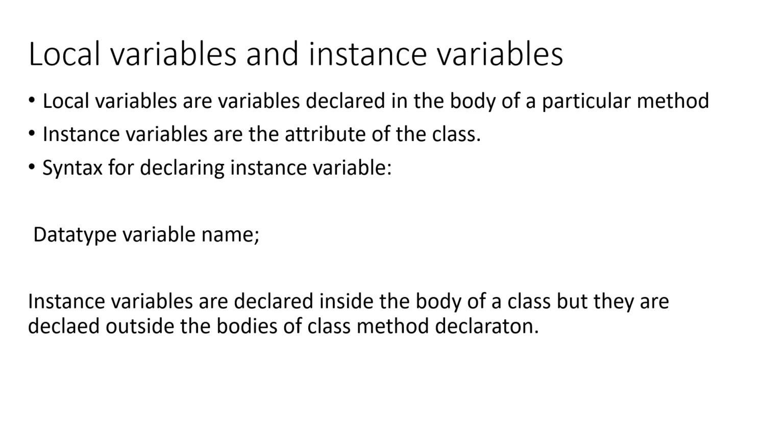What's the syntax for declaring an instance variable? The syntax is data type, then the variable name. We've talked about data types at the 100 level; we know we have different data types. You can have int, char, float, string.